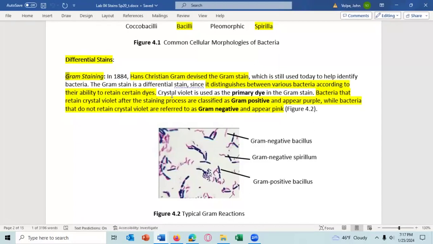And the gram stain distinguishes bacteria according to their ability to retain the crystal violet, the first dye used in the gram stain. The first dye used is called the primary dye.